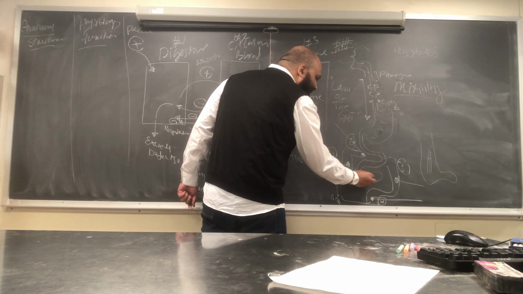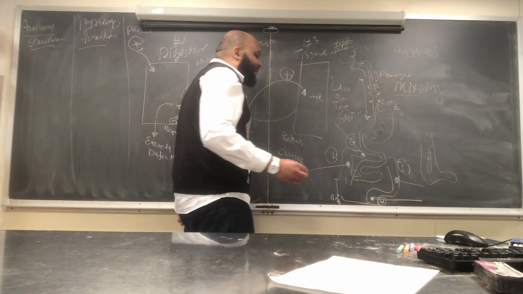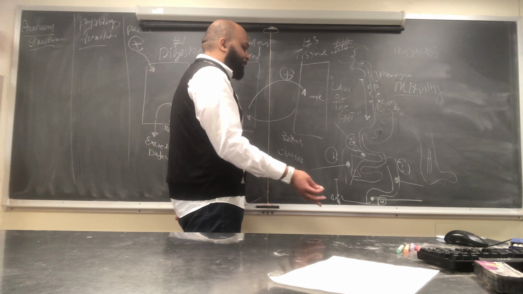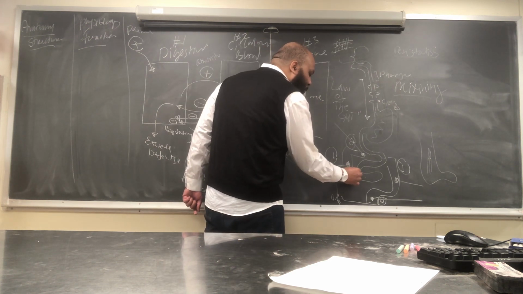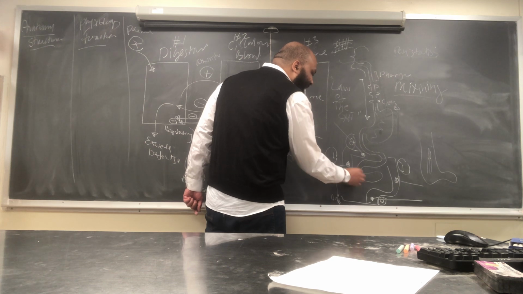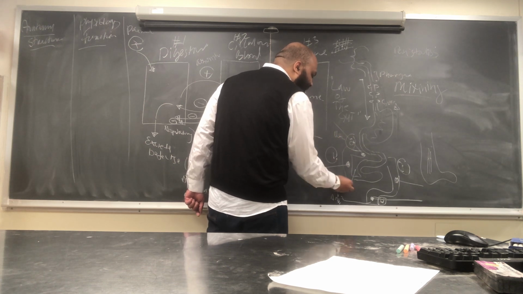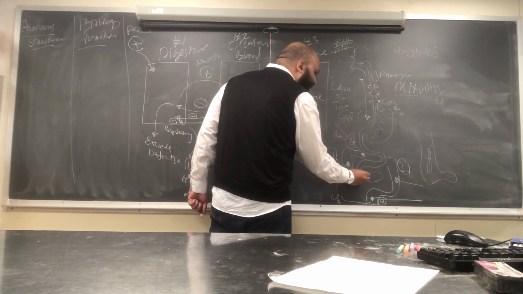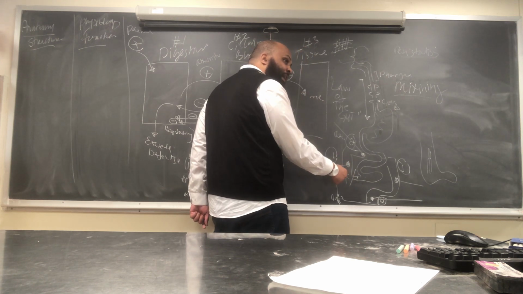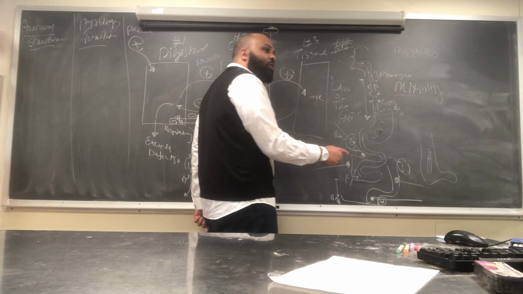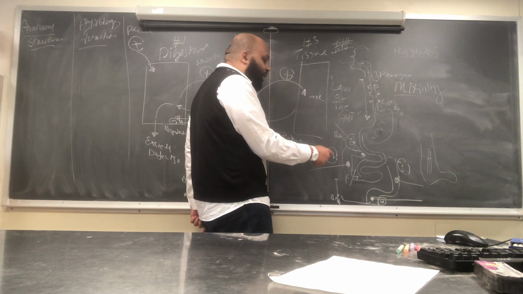The digestion has ended here. Remember, in our kidney tubule, we have filtration. After filtration, we have reabsorption. So once you make it through the ileocecal valve, this is the cecum and this is the ileum. The ileum is the last part of your intestine, and the cecum is the first part of your colon, of your large intestine.